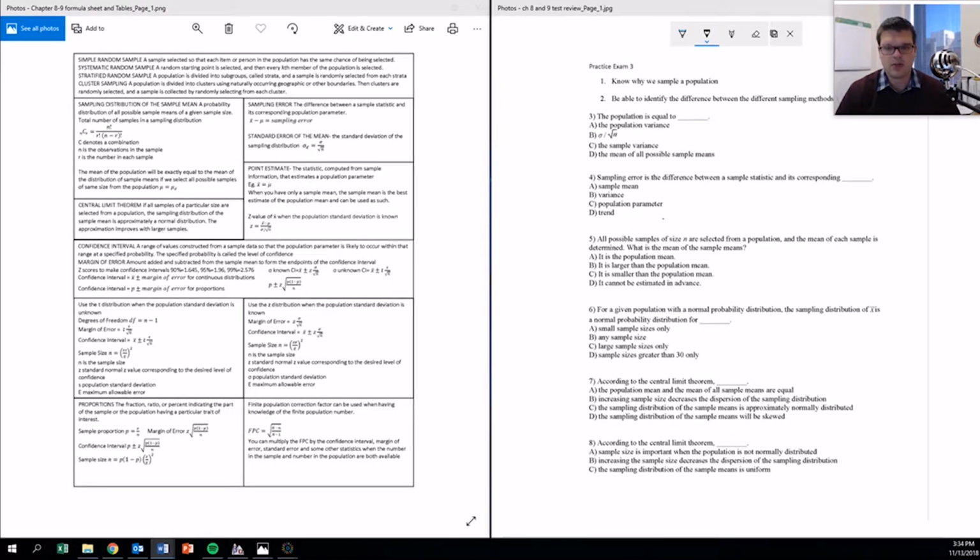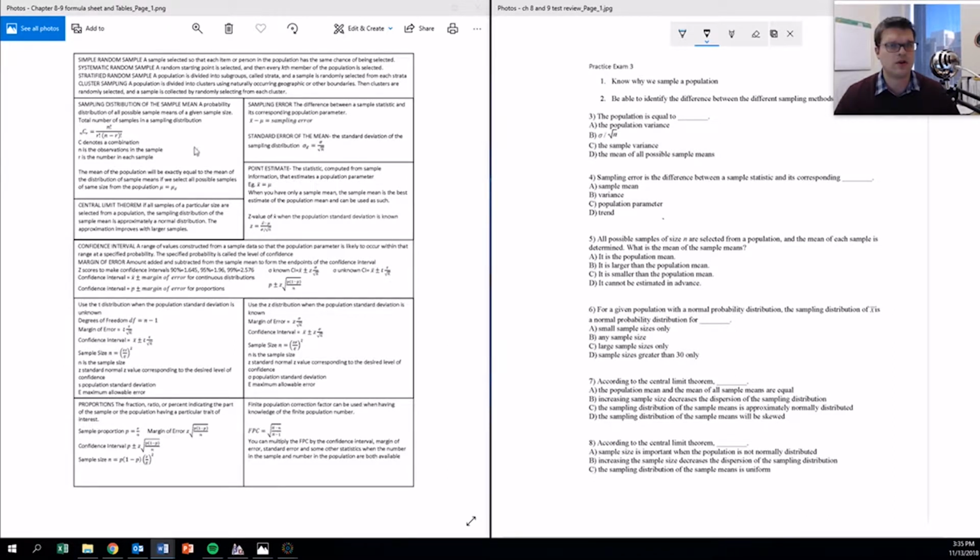If you add up all of the sample means, every single sample is represented the exact same number of times. So therefore, if you have a mean of all of the sample means, it will equal the mean of the population.